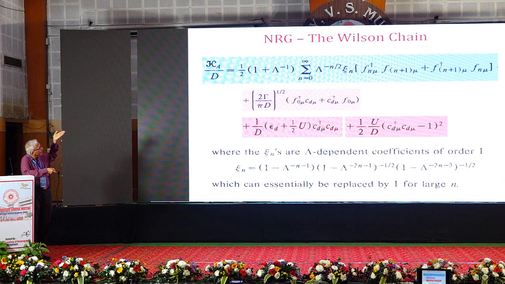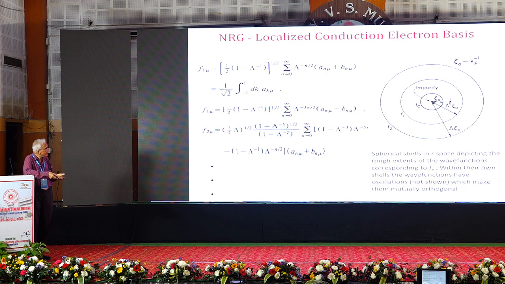The first term is a different way of writing the conduction electron Hamiltonian in this discrete basis, because what has been done is that F0 represents some linear combination of conduction electron states, which is the most localized near the impurity. And that's the one that the impurity interacts with closely. In fact, when an impurity electron tunnels from an impurity state to the conduction band, it tunnels into that state. It doesn't tunnel very far away.